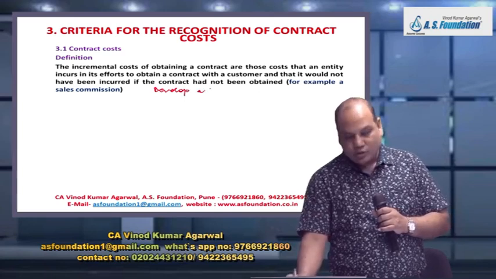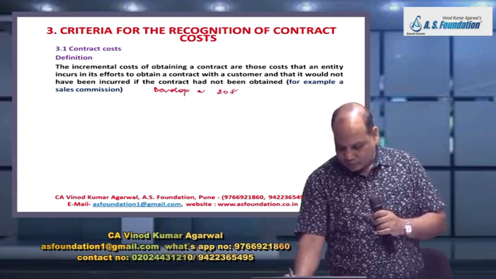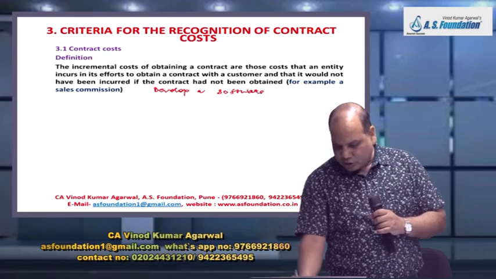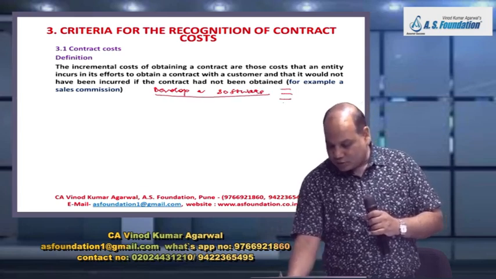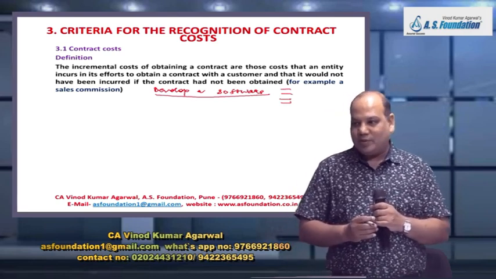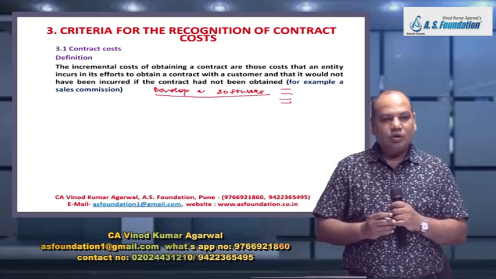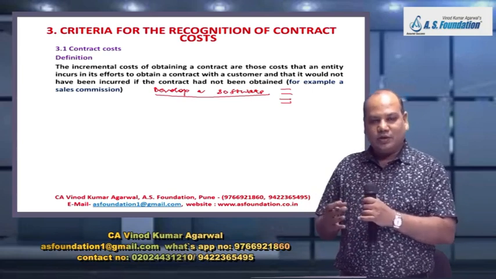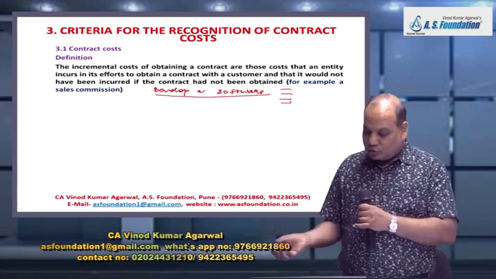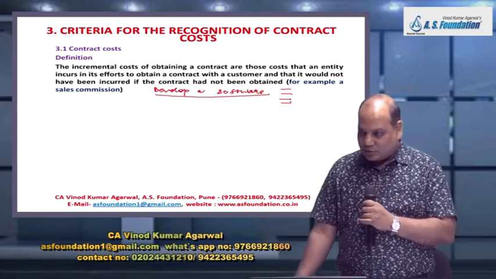This can also be a contract. In order to develop a software, you would need some more software. The cost of those other software or any other such thing that you need will also become incremental cost.